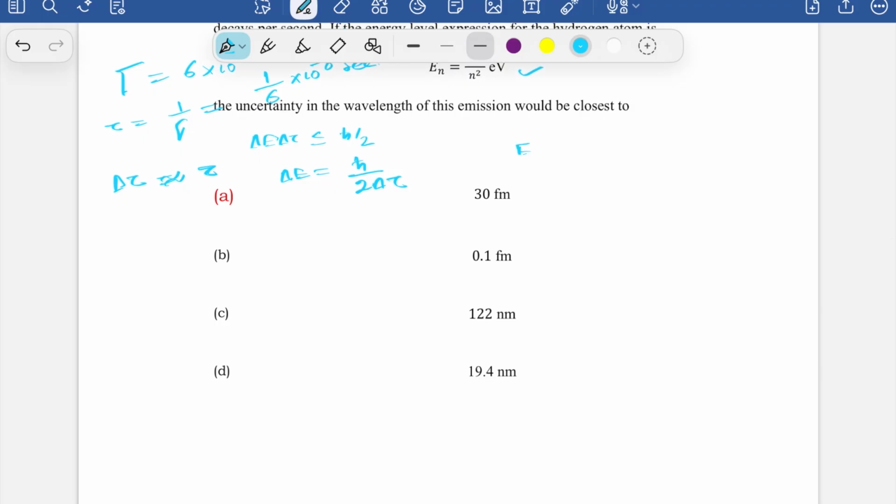Now the relation between E and the wavelength is E equal to hc by lambda.